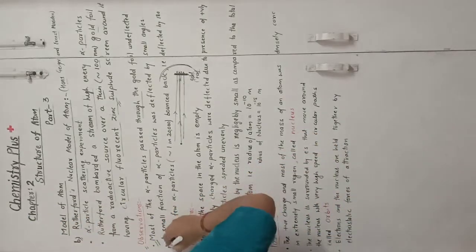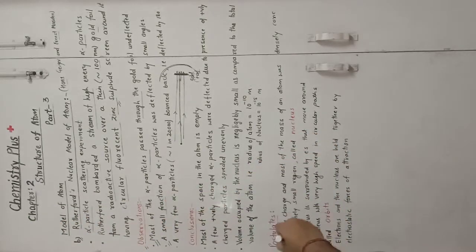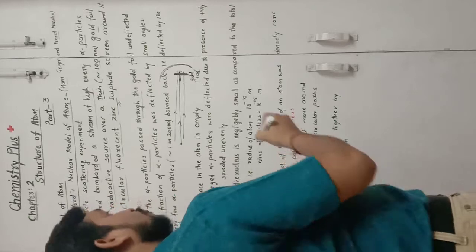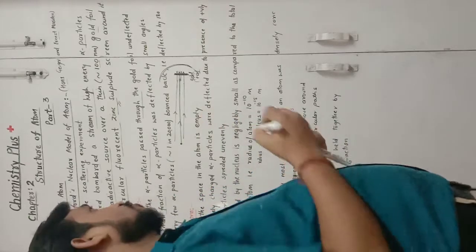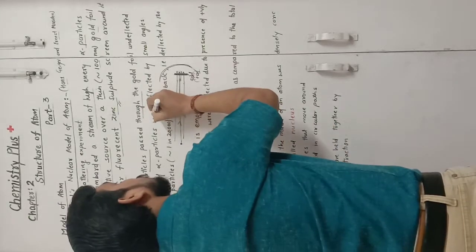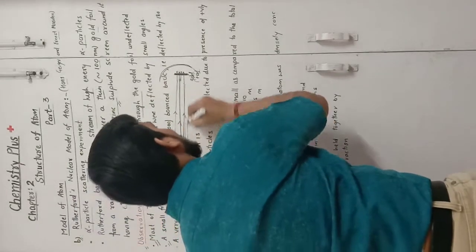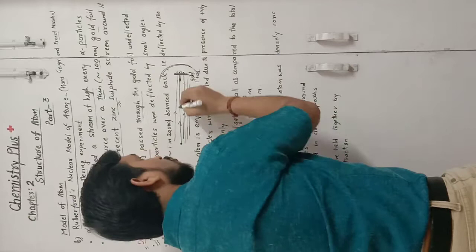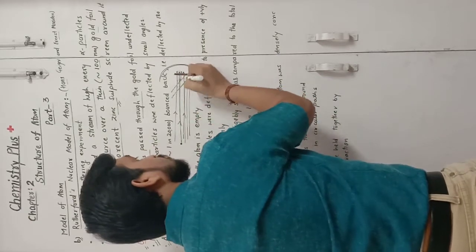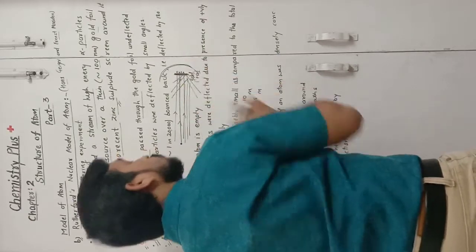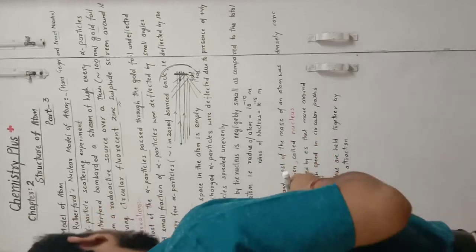And the second observation is that a small fraction of alpha particles were deflected by very small angles, which means whenever the alpha particles strike this gold foil, they may show a deflection of a very small angle. So this is the second observation.